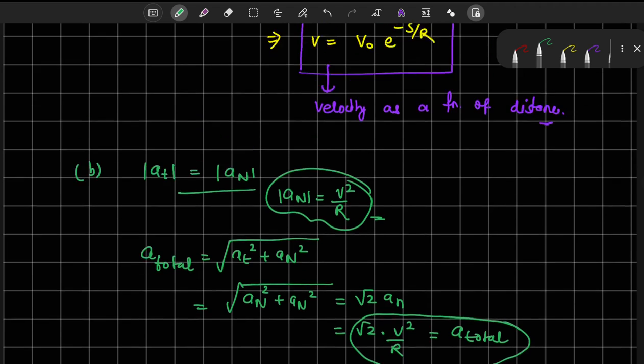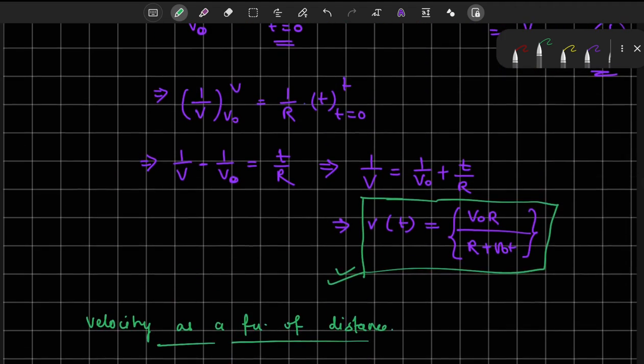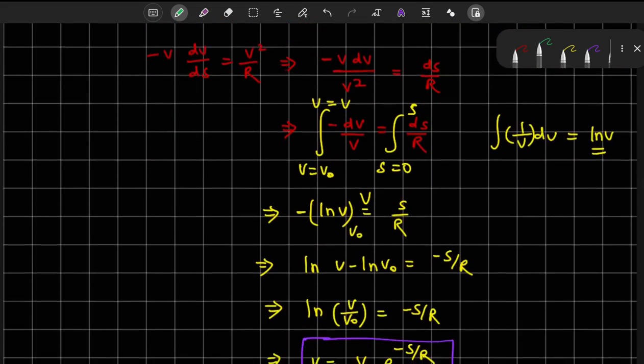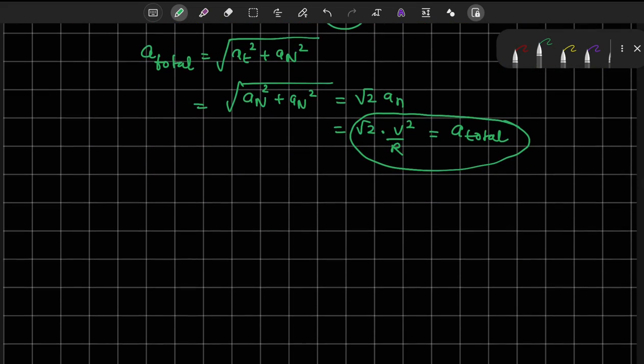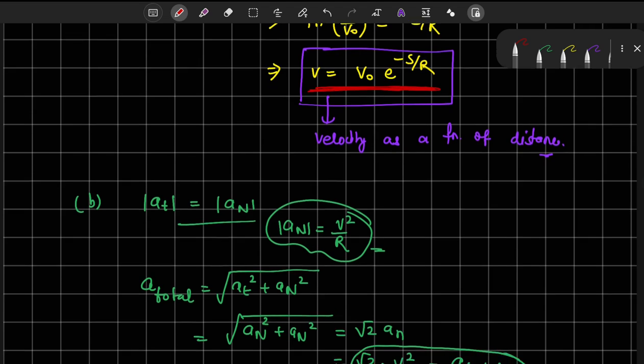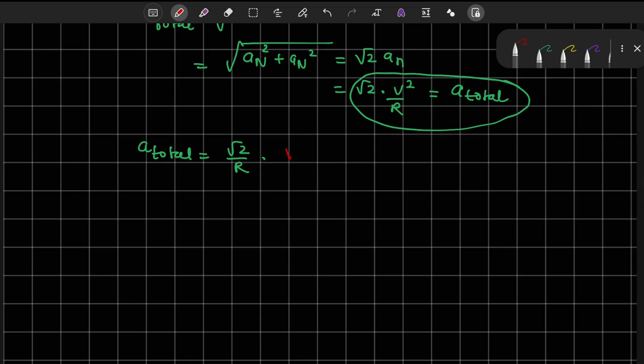Okay. Now it is also asking to find in terms of distance covered. So for that, what we can do here, we can substitute the value of v. We can write a total is equal to root 2 by r into, and we will substitute the value of v from this particular equation, v naught times e to the power minus s upon r whole square.